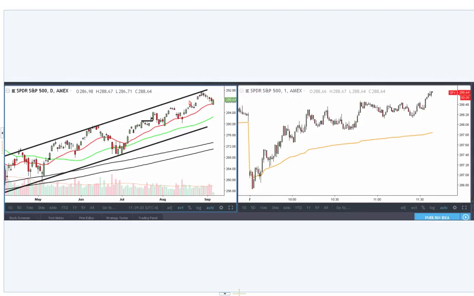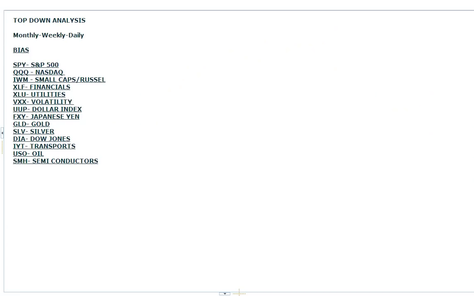But if the market breaks this 285, 286 area, right under here, there's a potential that it could indeed come all the way back down to like 280, which is that broader channel's low. So that's another thing that could happen here on the Spiders. But overall, Spiders in a bullish uptrend. That's all that matters. So that's what we're going to write down here, right?